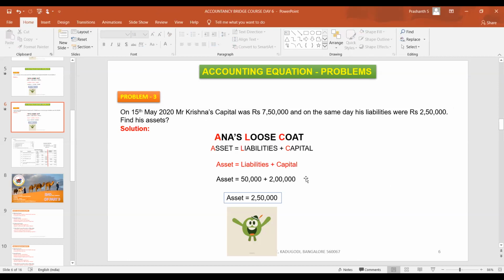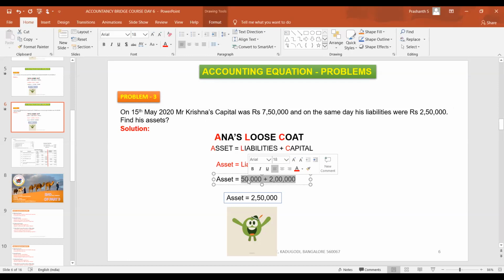Okay. So how much is the asset? The same thing will change now. How much is the liability? 2,50,000. And how much is the capital? 7,50,000. Oh, sorry, 50 should be here.